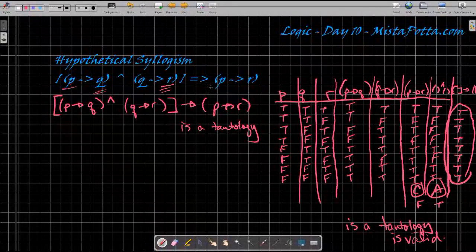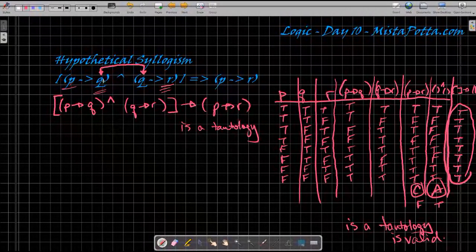But what's really important for us is that this term here, the consequent of the first conditional, must match exactly the antecedent of the second conditional.